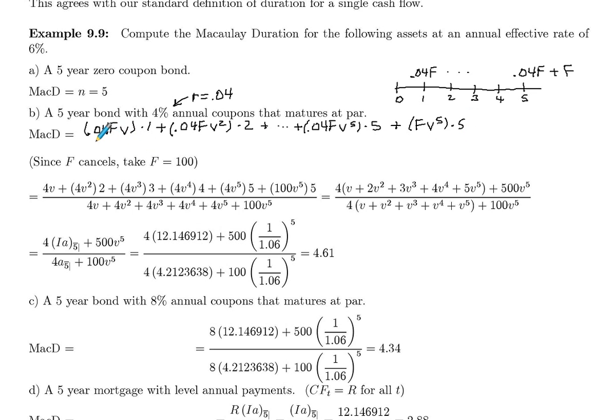And then in the denominator here, we divide by the sum of the present values of the cash flows.